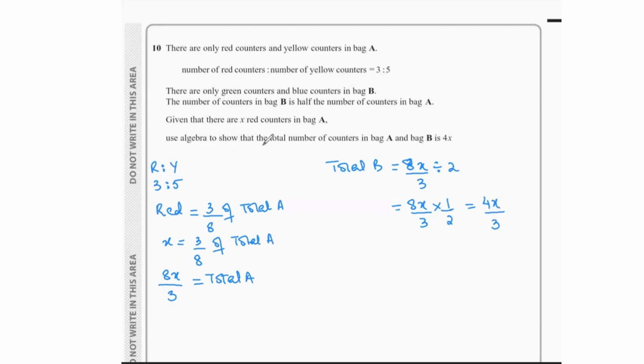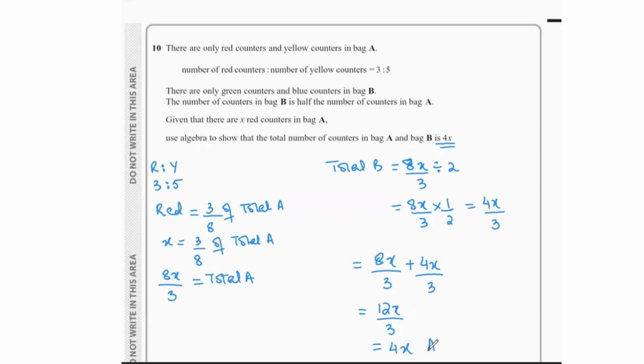They're asking us to show the total number of counters in A and B is 4x. So if we add 8x over 3 and 4x over 3, that is 12x over 3. If we simplify 12x over 3, that equals 4x, which is exactly what they're asking us to prove.